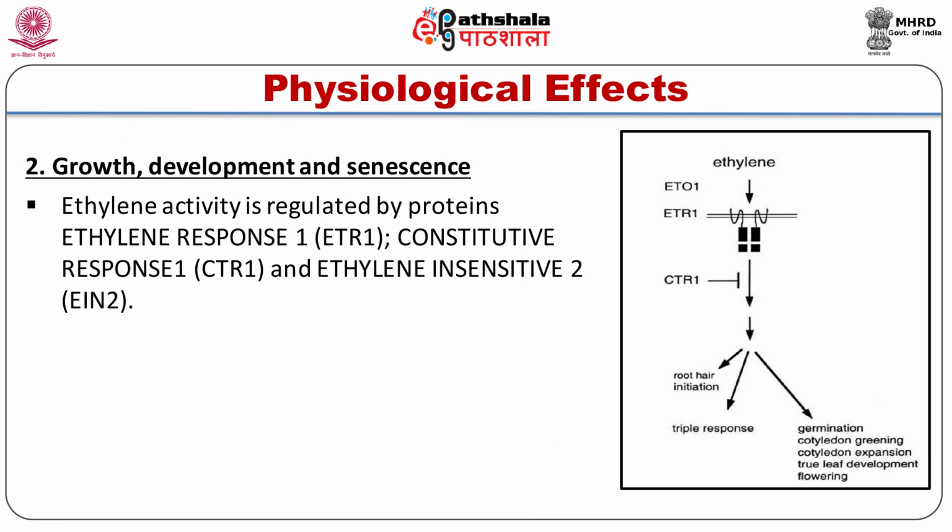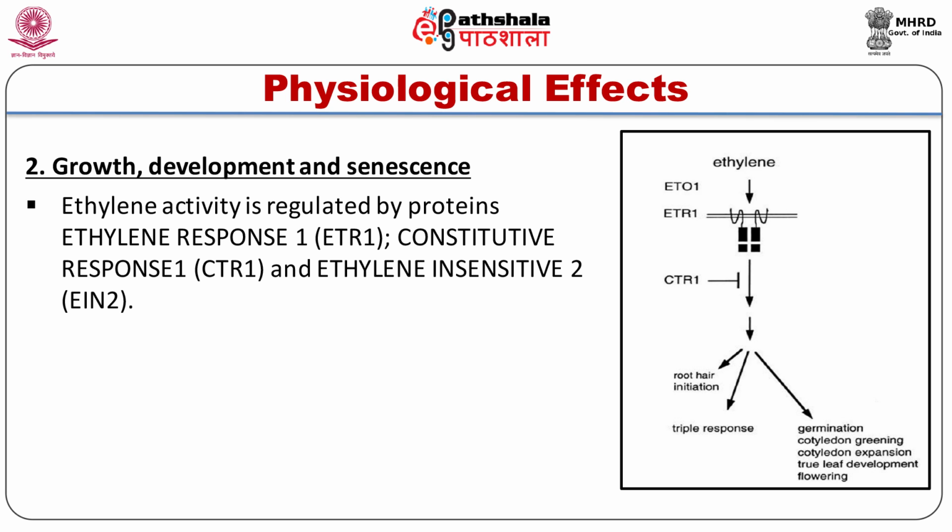Now, we will see how ethylene activates the transcription of different genes in plants. First, in the membrane of the endoplasmic reticulum, ethylene is perceived by its receptor ethylene response 1 or ETR1. Upon ethylene binding, ETR1 is unable to activate a serine or threonine protein kinase, constitutive triple response 1 or CTR1.